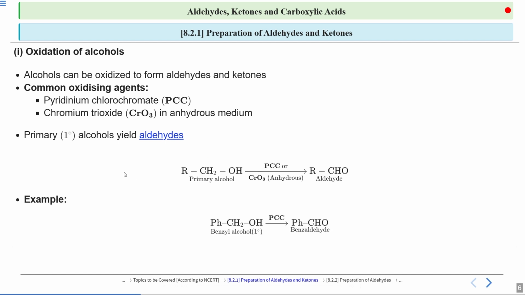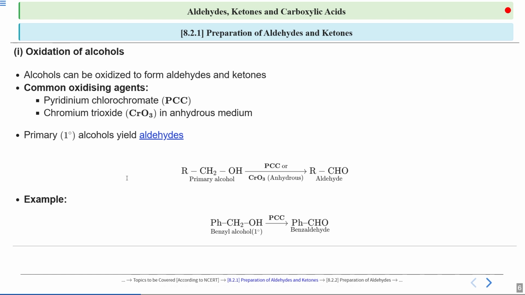Now let us see this with the help of an example. This is a benzyl alcohol. Benzyl alcohol, why? Because the carbon to which your OH group is attached is directly attached to a benzene ring. And this is a primary benzyl alcohol, because this carbon is further connected to one carbon only.